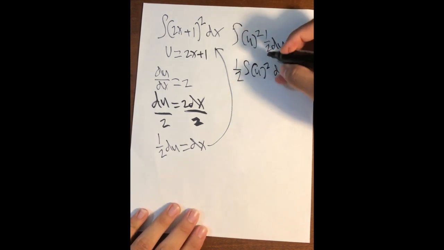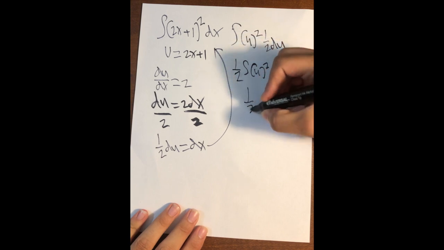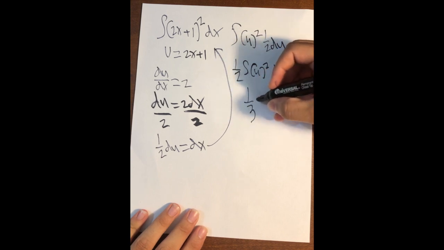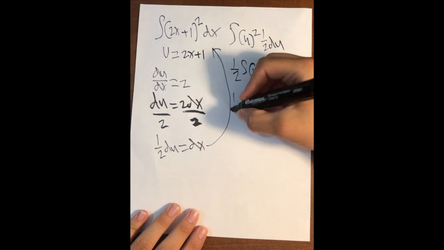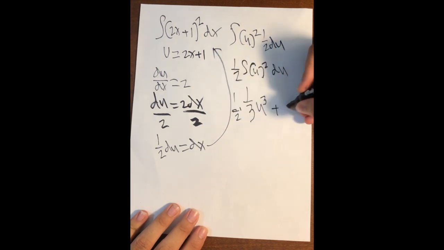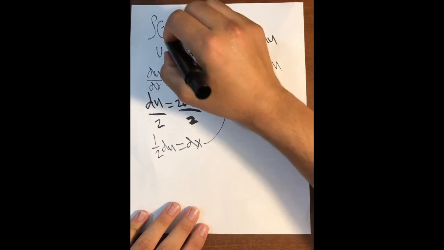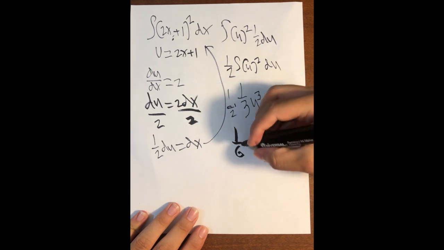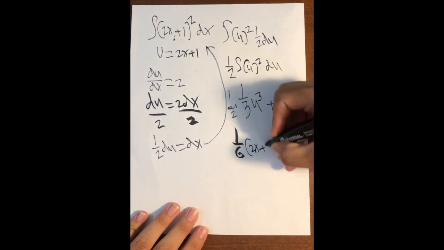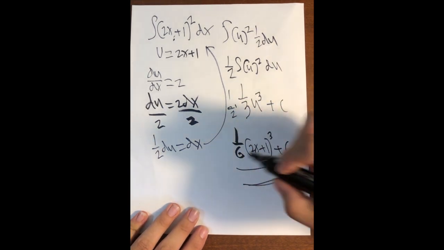The integral of u squared is going to be 1/3 u to the third, times 1/2, plus c. Now we can simplify this whole thing and put in the x that we had before. So we get 1/6 times (2x plus 1) cubed plus c. That is the answer for this problem.